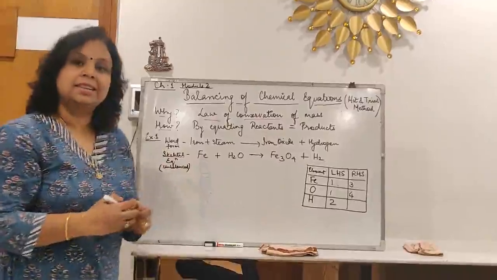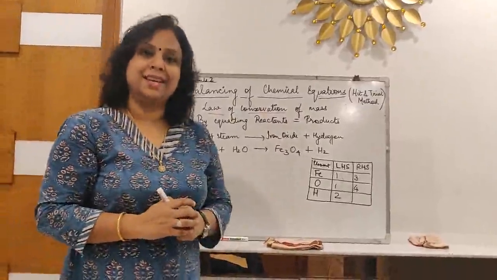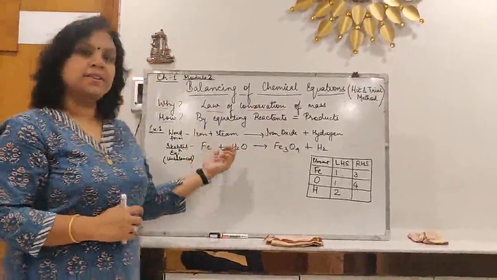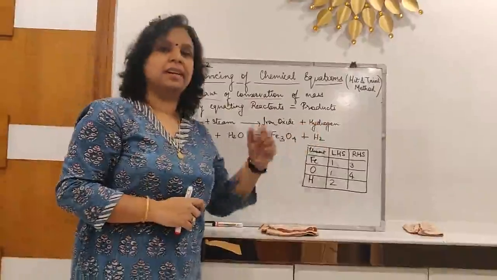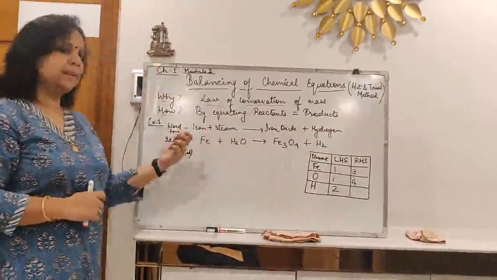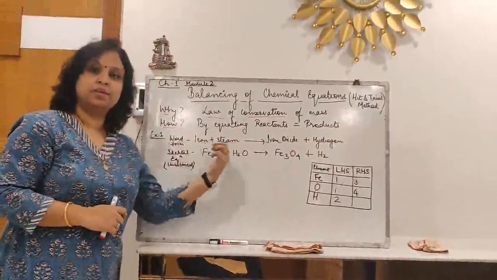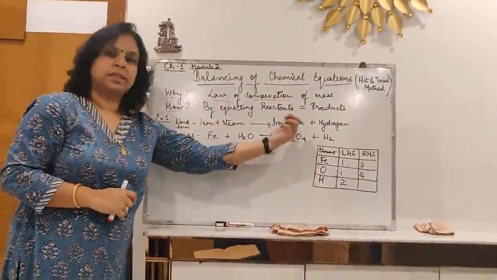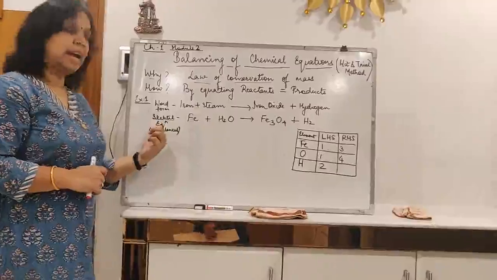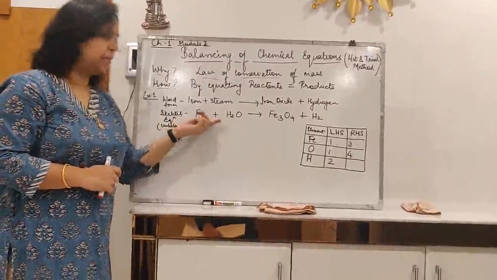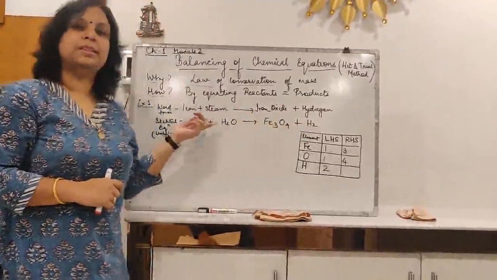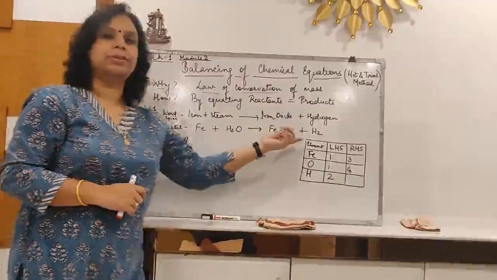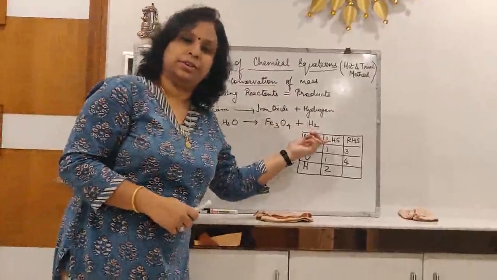I have taken a classic example which is given in NCERT also. Iron reacts with steam forming iron oxide and hydrogen. As you see, this is a word form of the chemical reaction, and when I write Fe plus H2O gives Fe3O4 and H2, this is the symbolic form of the chemical equation.